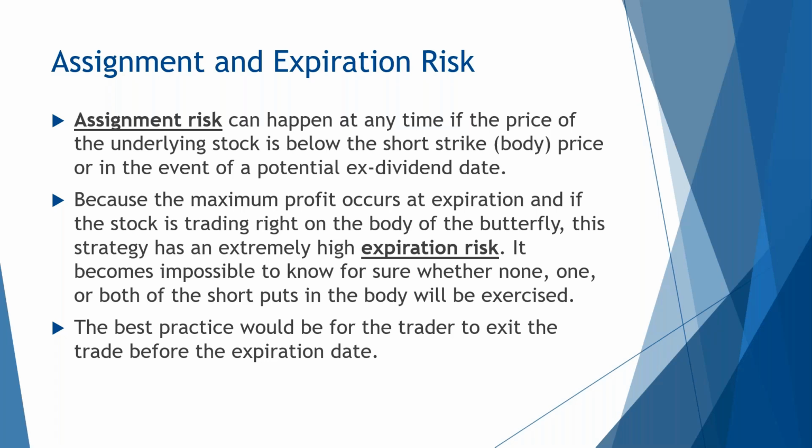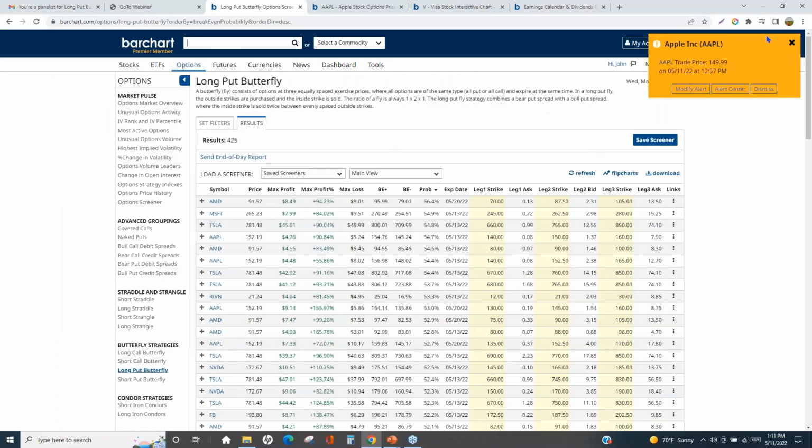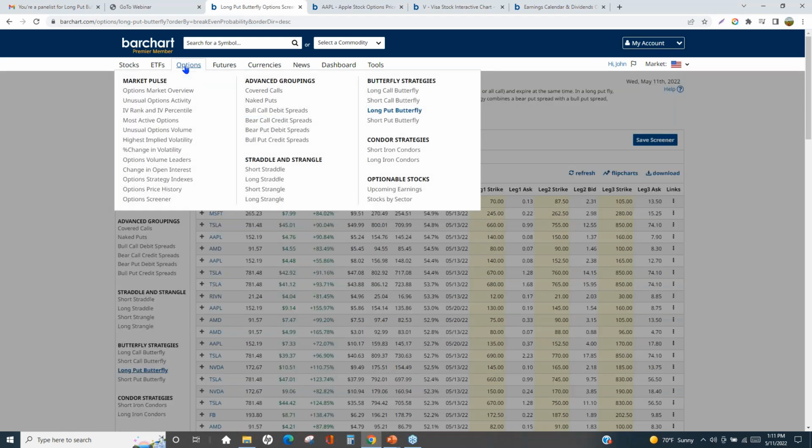So let's go to, excuse me, here we go. Underneath our main page, underneath options, here are our butterfly strategies, and there I've selected the long put butterfly strategy.